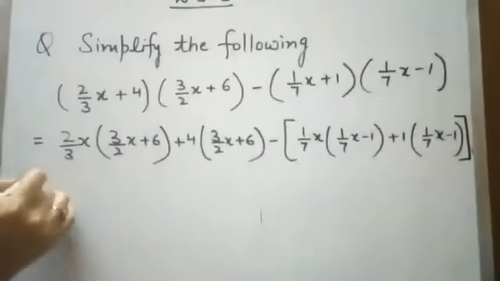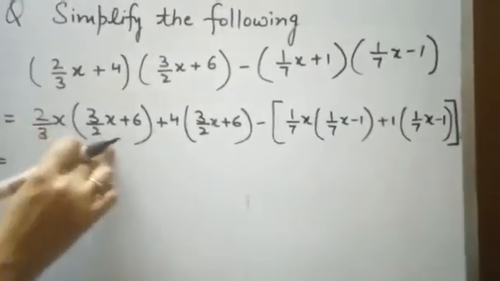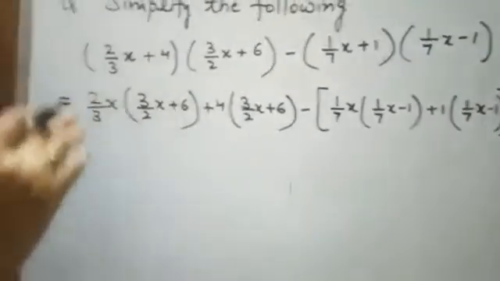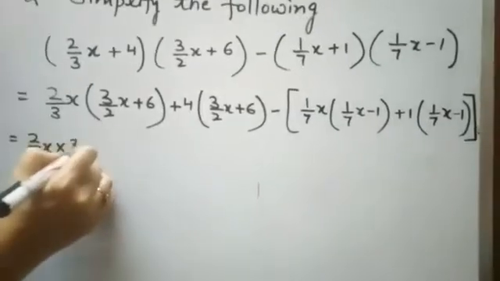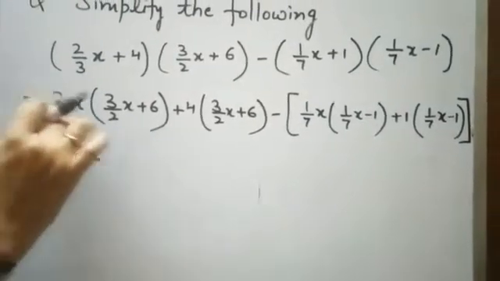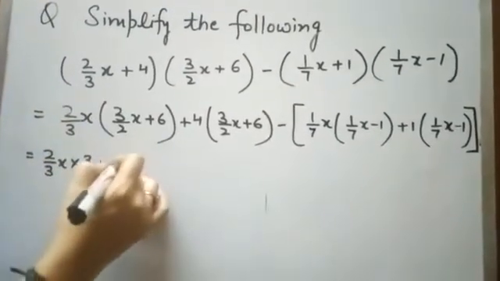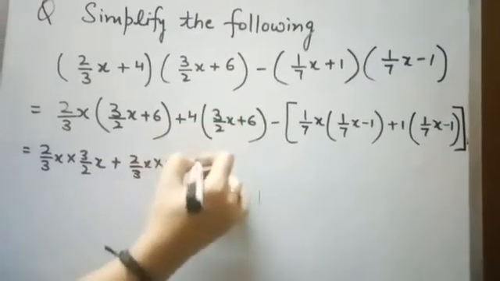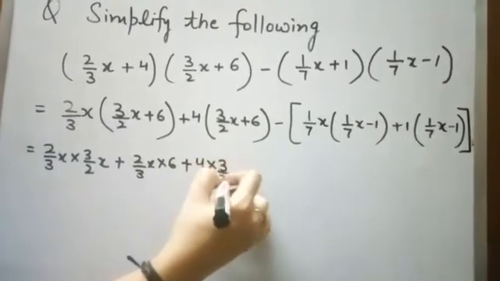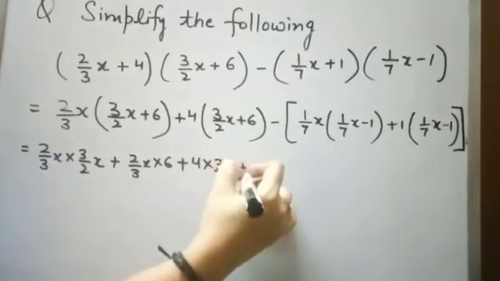Now this is the case of multiplication of monomial with binomial. The step we have already discussed. The monomial will multiply separately with the terms of binomial. 2 by 3x into 3 by 2x plus 2 by 3x into 6. 4 into 3 by 2x plus 4 into 6.